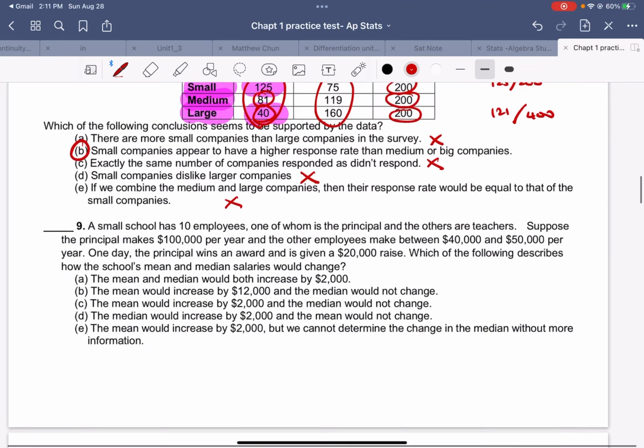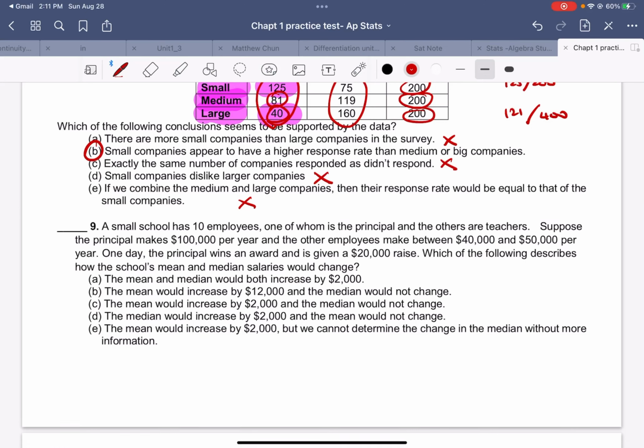Number 9, a small school has 10 employees, one of whom is a principal and the others are teachers. Suppose the principal makes 100,000 per year, and the other employees make between 40,000 and 50,000 per year. One day, the principal wins an award and is given a 20,000 raise.